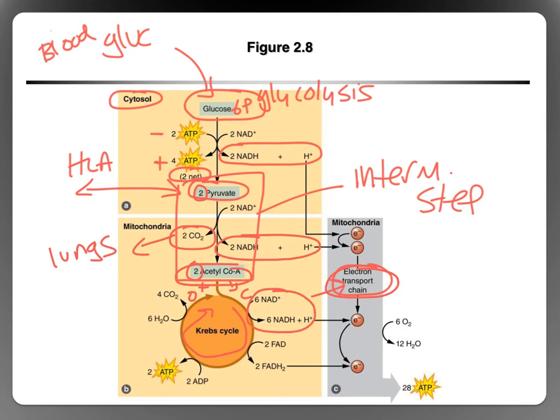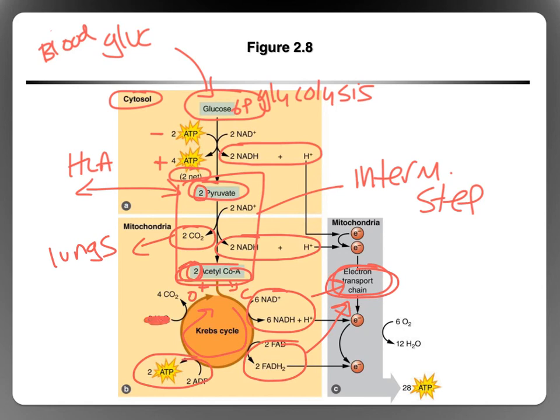Okay, so we get 3 for each cycle, times 2 cycles is 6. We get 2 FADH2s, which go to the electron transport chain. Again, we get 1 FADH2 per cycle, but we go through the cycle twice because we have 2 acetyl-CoAs. We get 2 ATPs, okay, 1 per cycle times 2 cycles is 2.